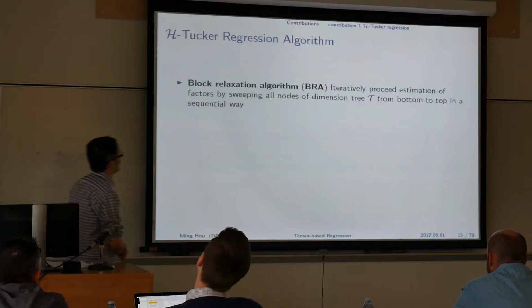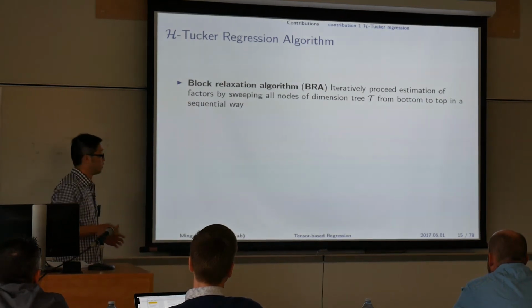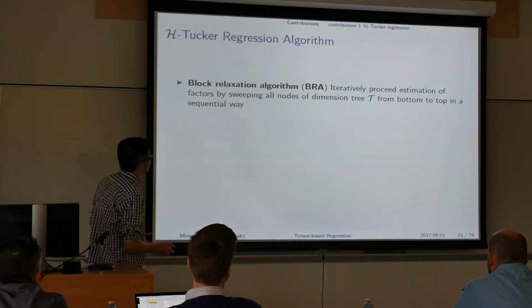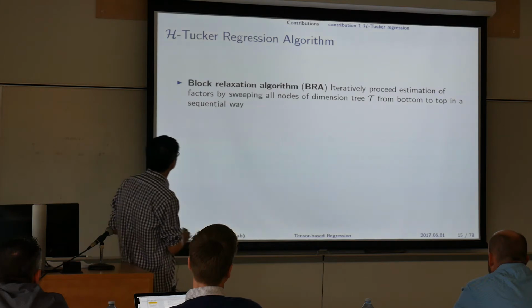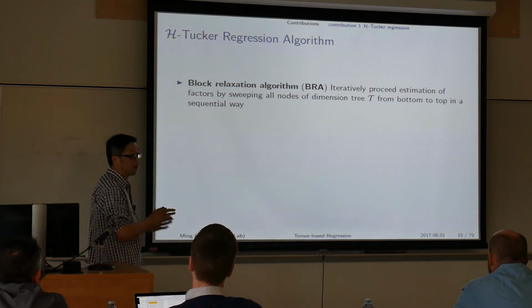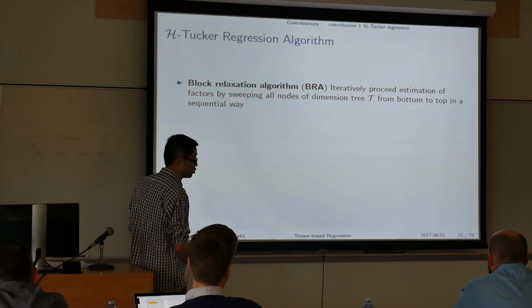This is referred to as a block relaxation algorithm, which breaks the simultaneous estimation of parameters into a series of low-dimensional parameter estimations. And it does this by recursively proceeding with the estimation of vectors, sweeping all the nodes along the dimension tree from bottom to top in a sequential way.